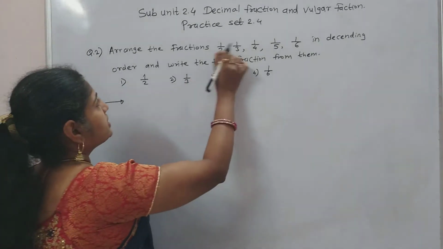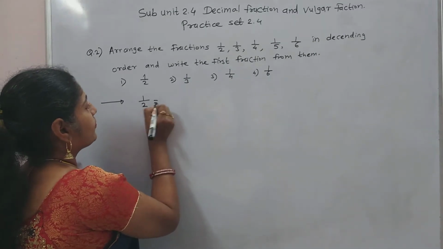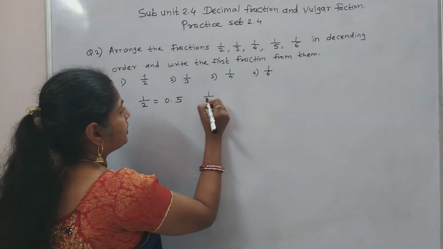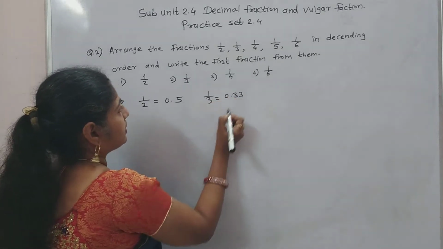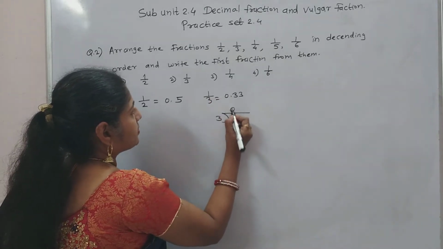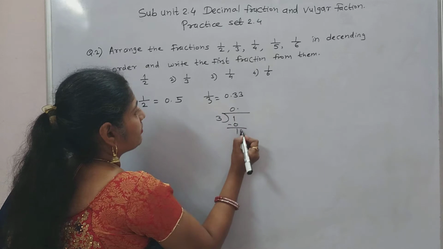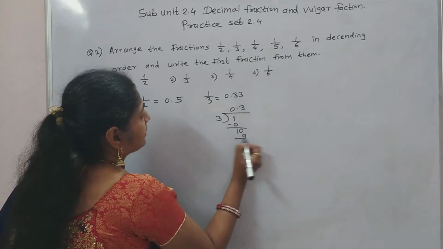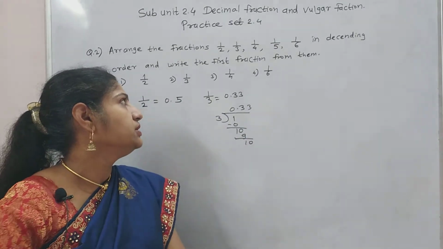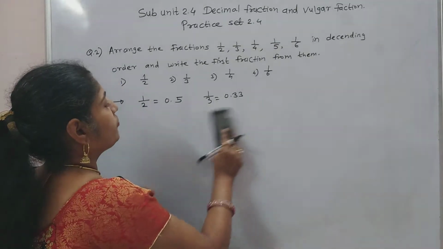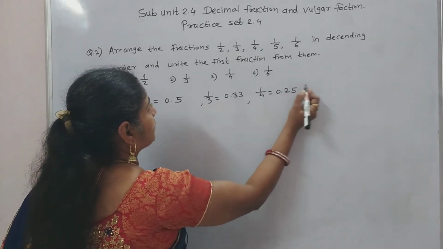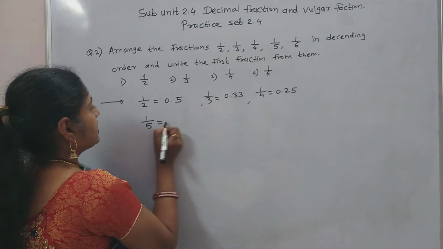Now convert these fractions into decimal form. 1/2 is 0.5. 1/3, divide 1 by 3, decimal point 0, 3 3s are 9, again 0, 3 3s are 9, so 1 upon 3 means 0.33. 1 upon 4 means 0.25. 1 upon 5 is 0.2.